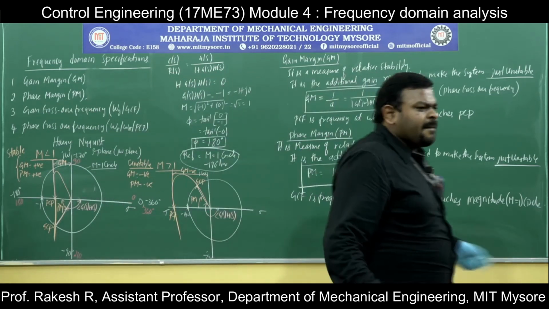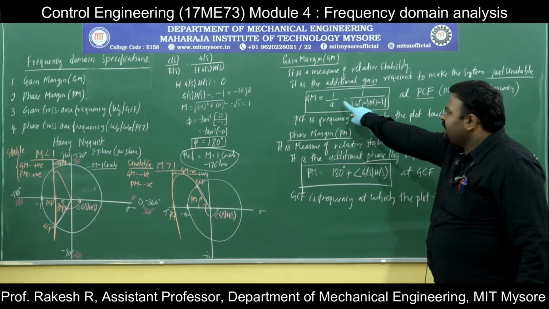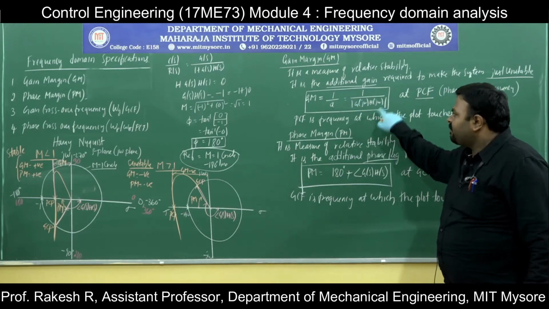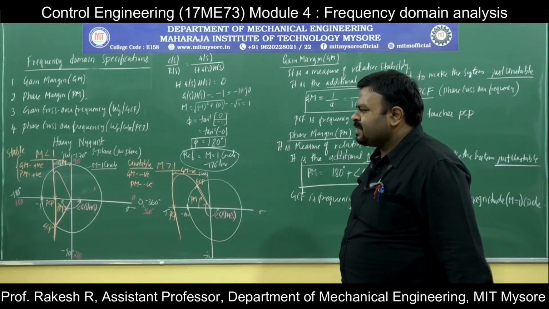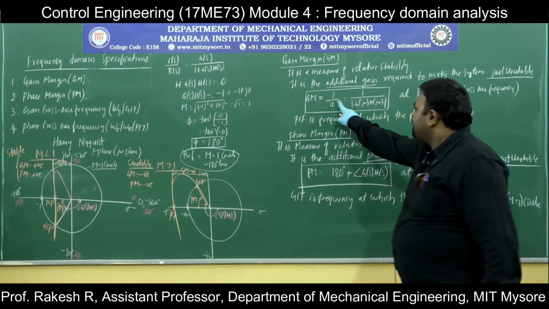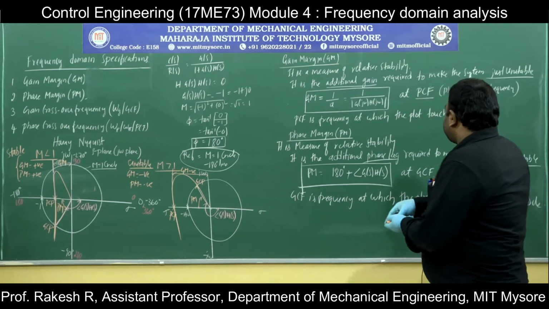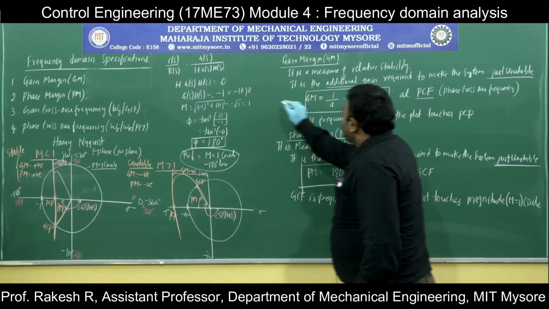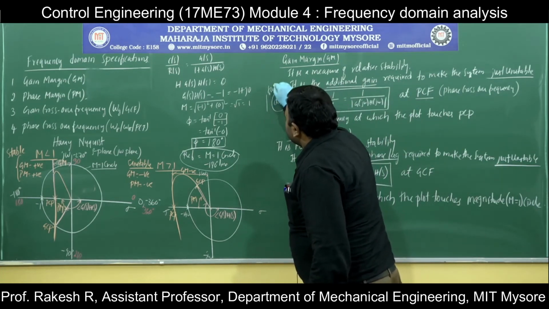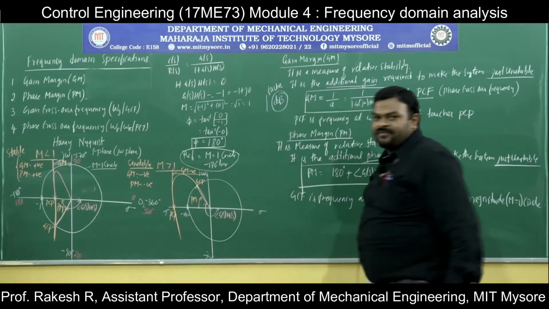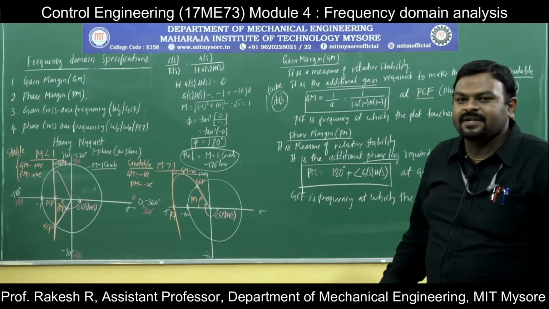And mathematically, let us analyze the gain margin and phase margin. Here 1 by A is the magnitude of the open loop transfer function. If I solve that for M less than 1, you will get a positive 1 by something. Gain margin is generally expressed in decibels or as a factor. If magnitude becomes negative, minus 20 log 10, it will be a negative gain margin.